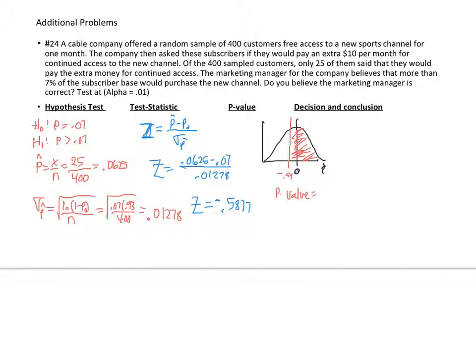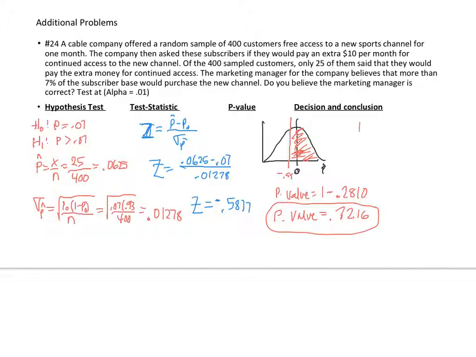So if we did it using the table, it'd be 1 minus 0.2810, and in this case the p-value is equal to 0.7216, right? So this p-value is pretty large, right?